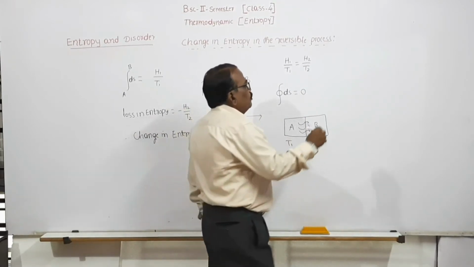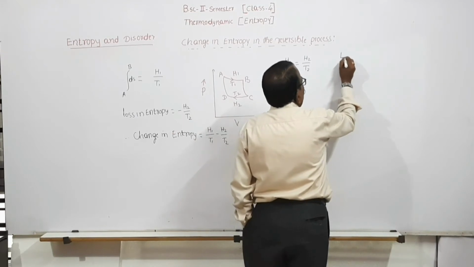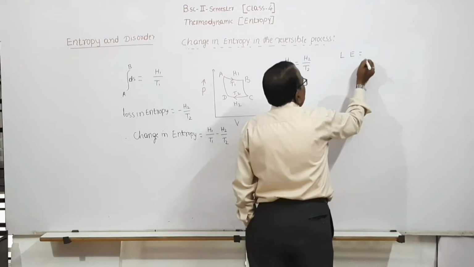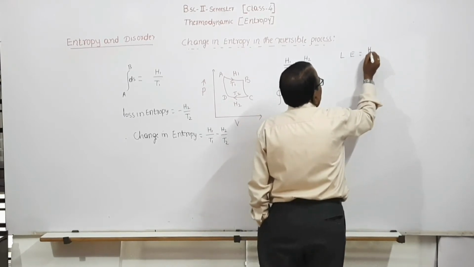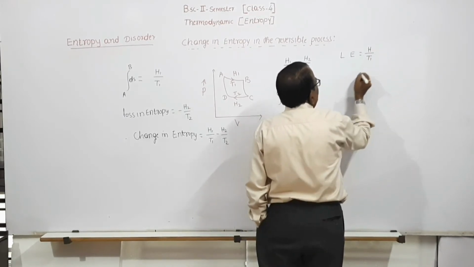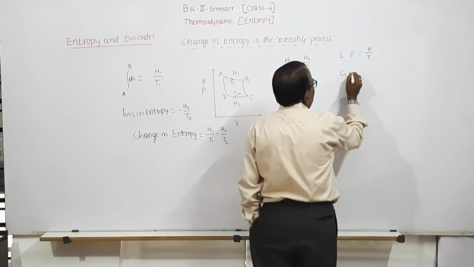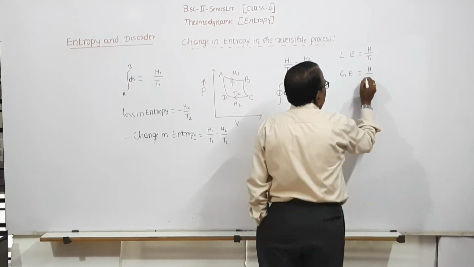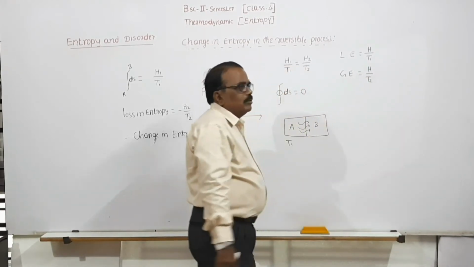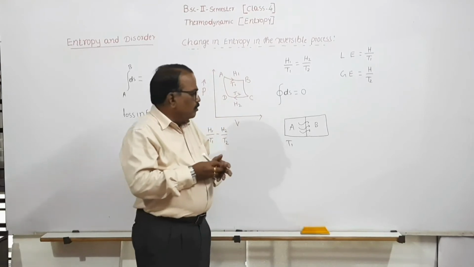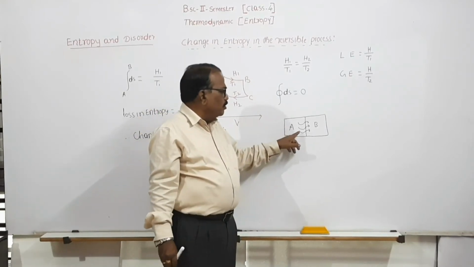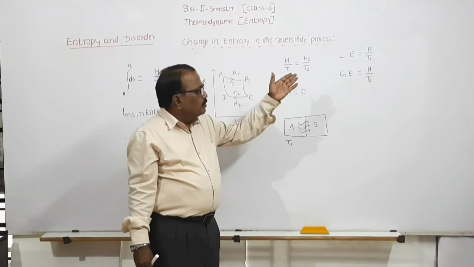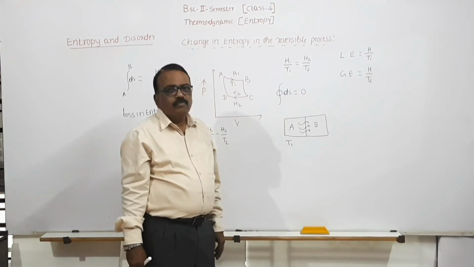So loss in entropy is given by H upon T1, gain in entropy is H upon T2. Whatever heat has been lost by A is taken by B, because of that in both the equations H is the same.